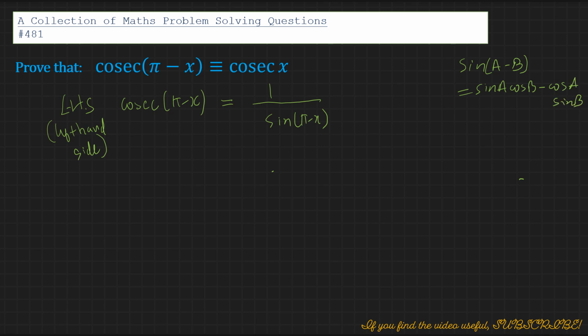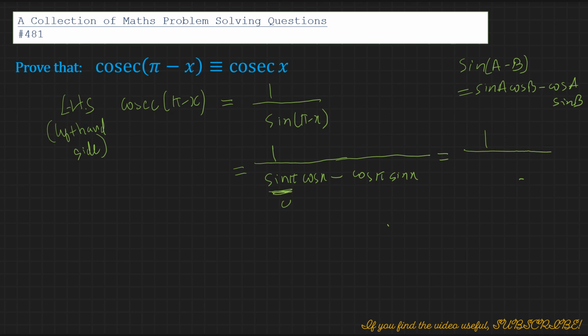If you use that same thing and expand it, it will become 1 out of sine pi cos x minus cos pi sine x.